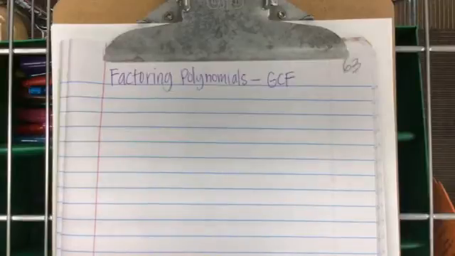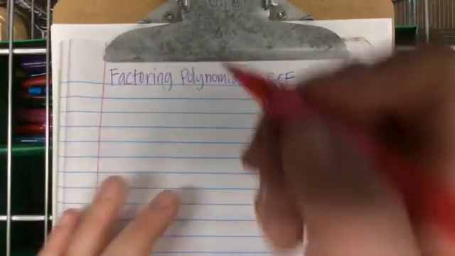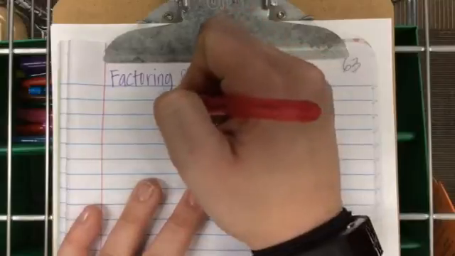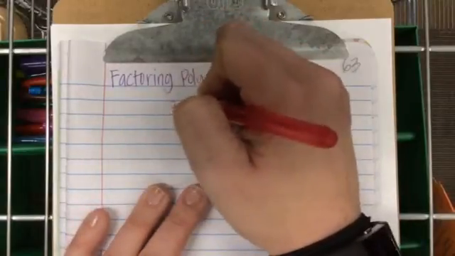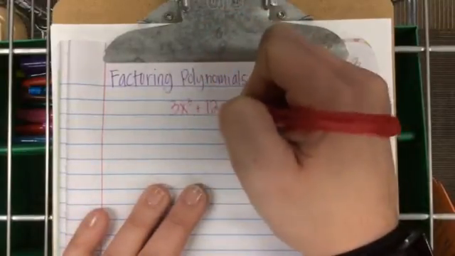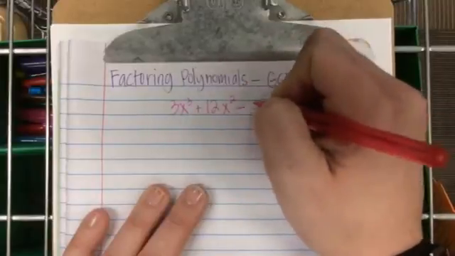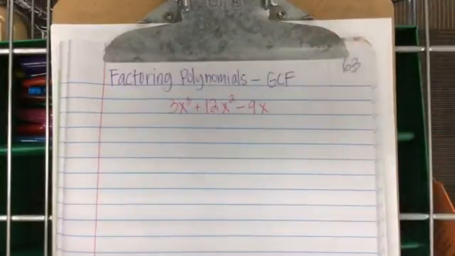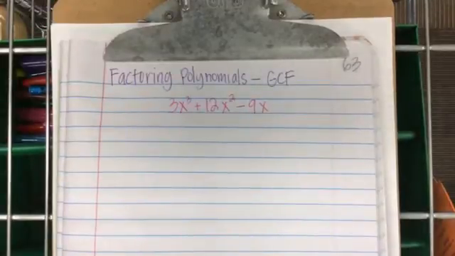So to factor a polynomial, for example, if I had the polynomial 3x to the third plus 12x squared minus 9x. Right? So that's a polynomial. It's a math problem. It's got addition and subtraction inside of it.